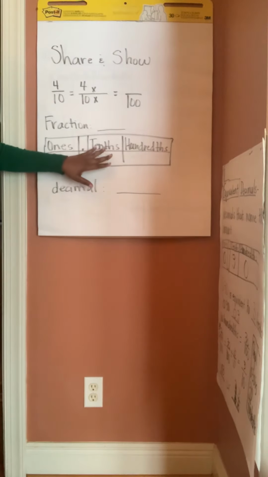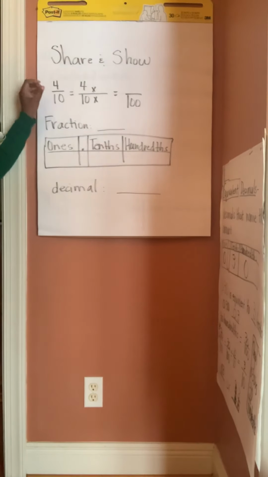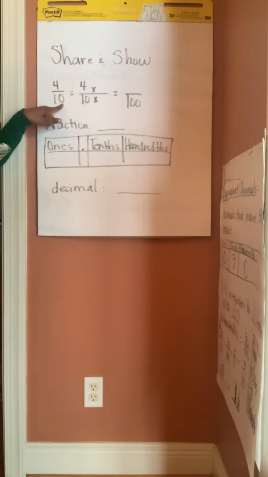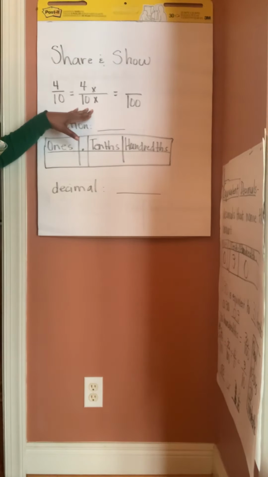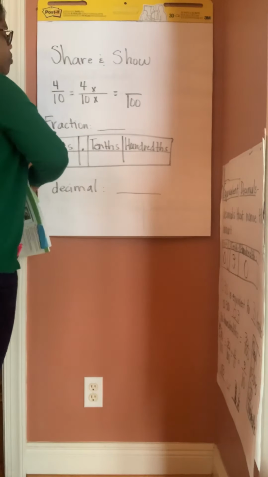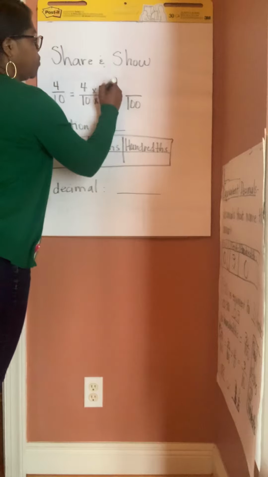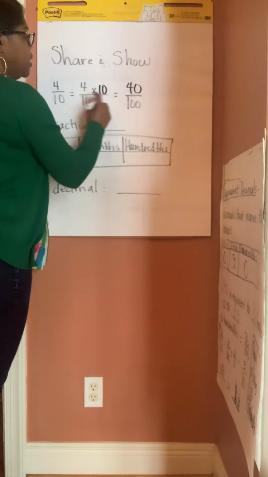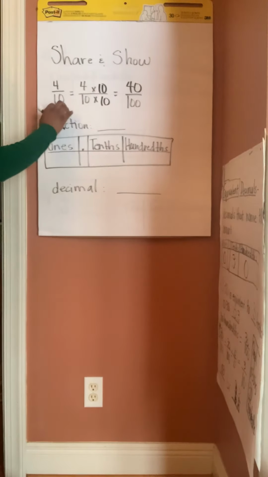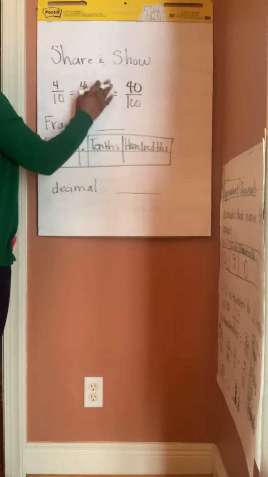So if you do not have a place value chart handy and you need to change tenths to hundredths, multiply your numerator and denominator by 10. 4 times 10 will give me 40. 10 times 10 will give me 100. 4/10 is equal to 40 hundredths.